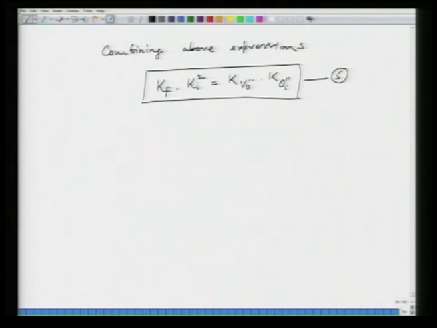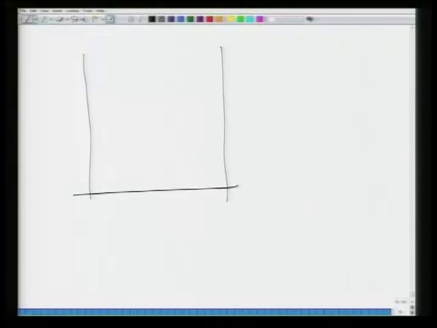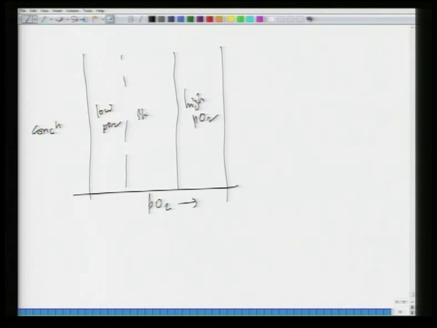Now, what we will do is work out the limiting conditions for each of these cases, which means we are making a plot, for example, of PO2 versus concentration. Of course, this is the low pressure regime, this is the high pressure regime, and this is the stoichiometric regime.